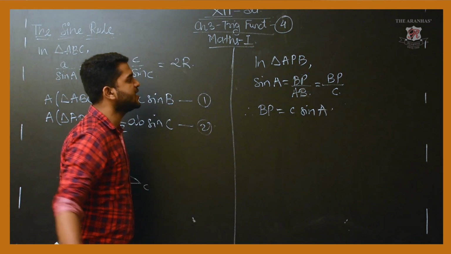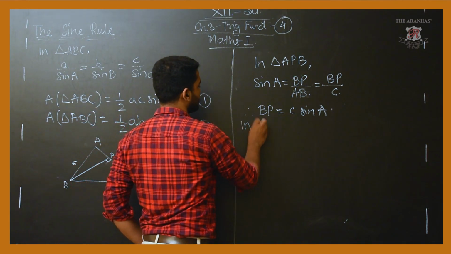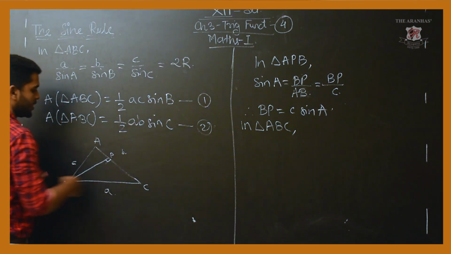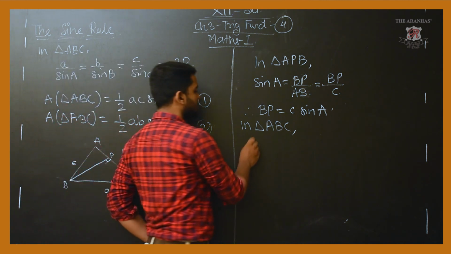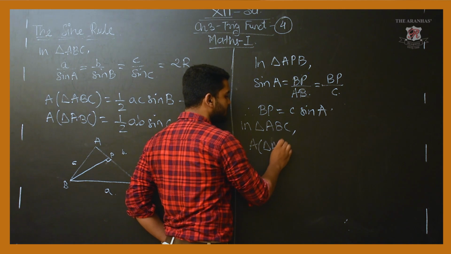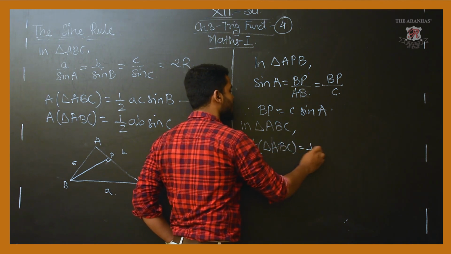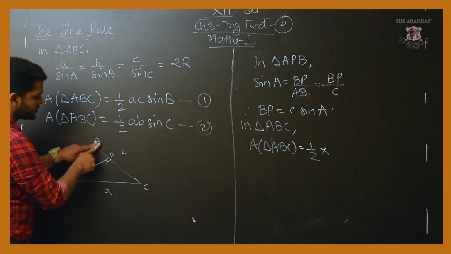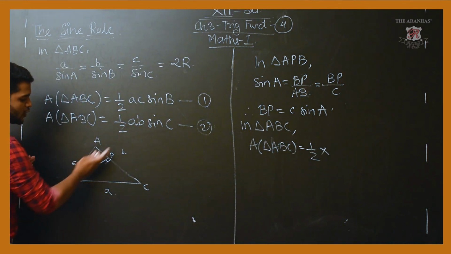Correct? Now again in triangle ABC, the bigger triangle I am taking. Area of triangle ABC is half into base into height. Now the base is changed to AC because the altitude is landing on AC.